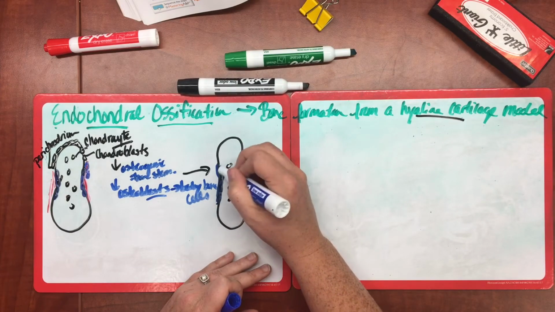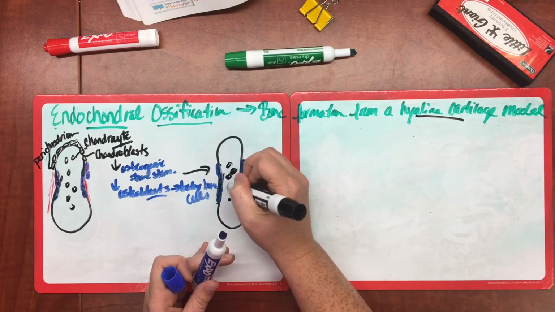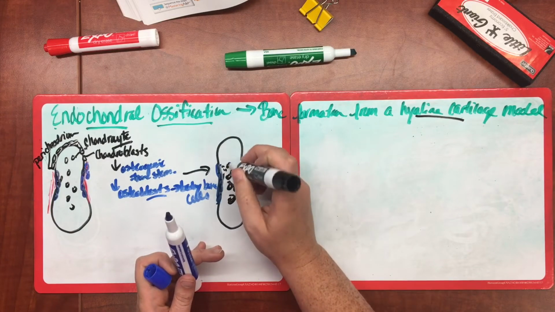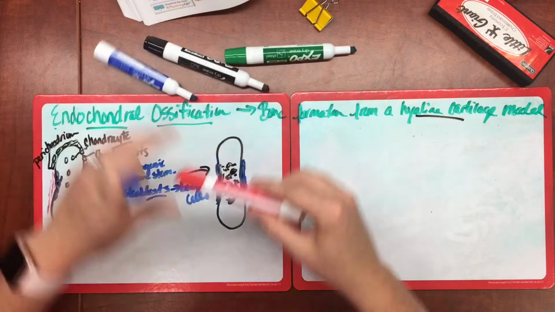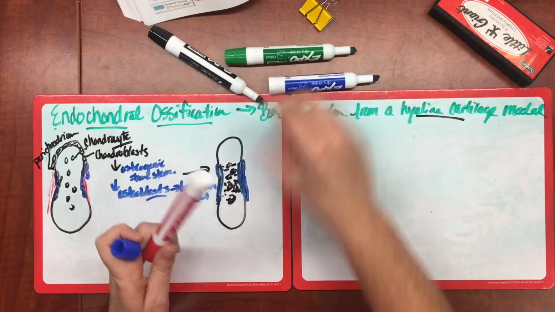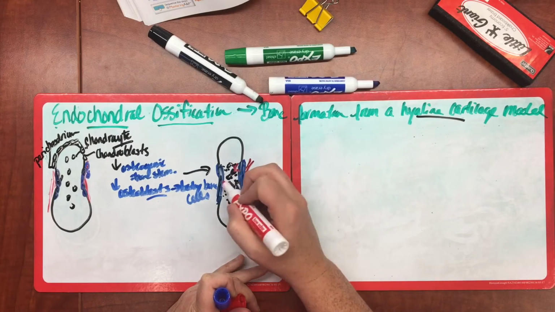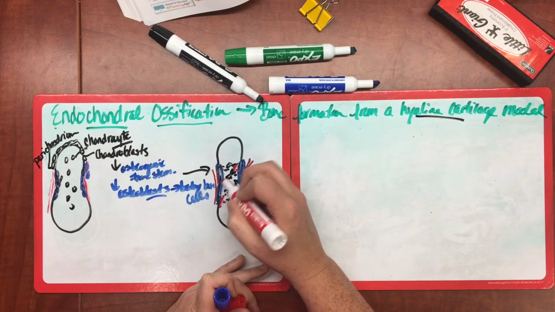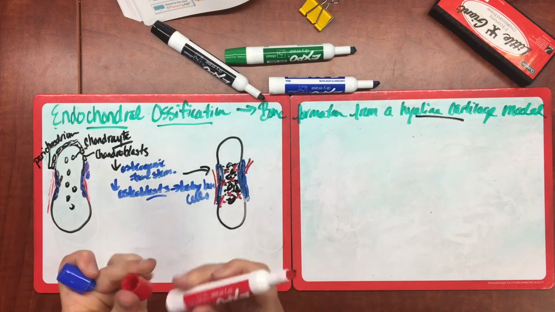At the same time, these cartilage cells start to enlarge, and then everything around them starts to calcify. What's going on right here ends up cutting off all the nutrients that were helping those chondrocytes.